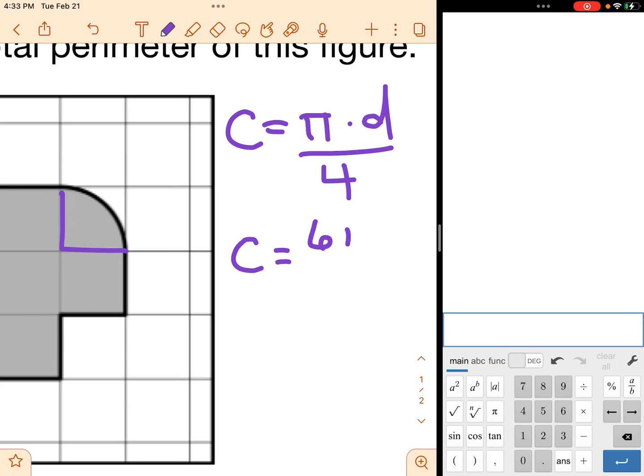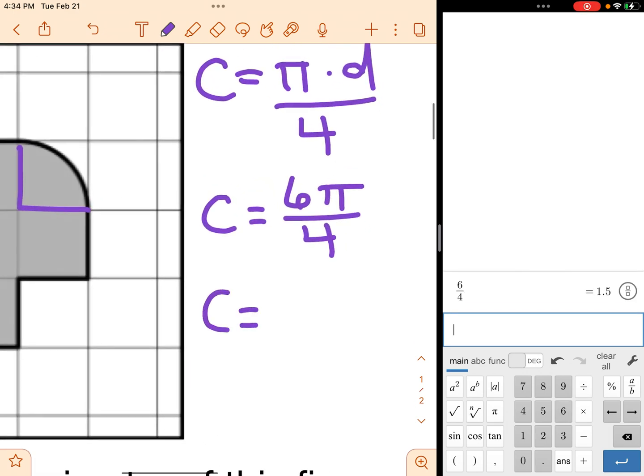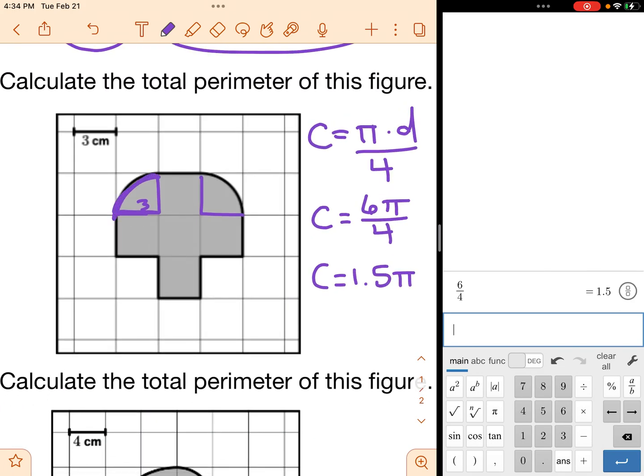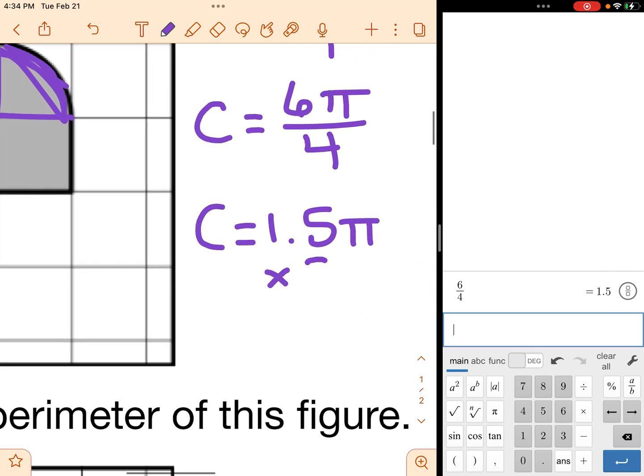So I'm doing 6 pi divided by 4. Okay, so that's for one of them. 6 divided by 4 is 1.5. So this is really 1.5 pi for this part right here. Well, if that's 1.5 pi, this one is also 1.5 pi. So we're going to multiply that by 2, and we get 3 pi so far.